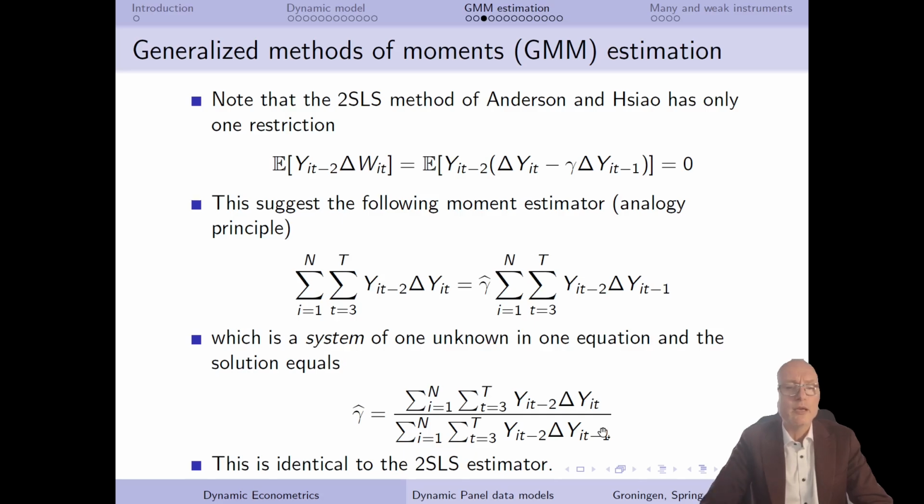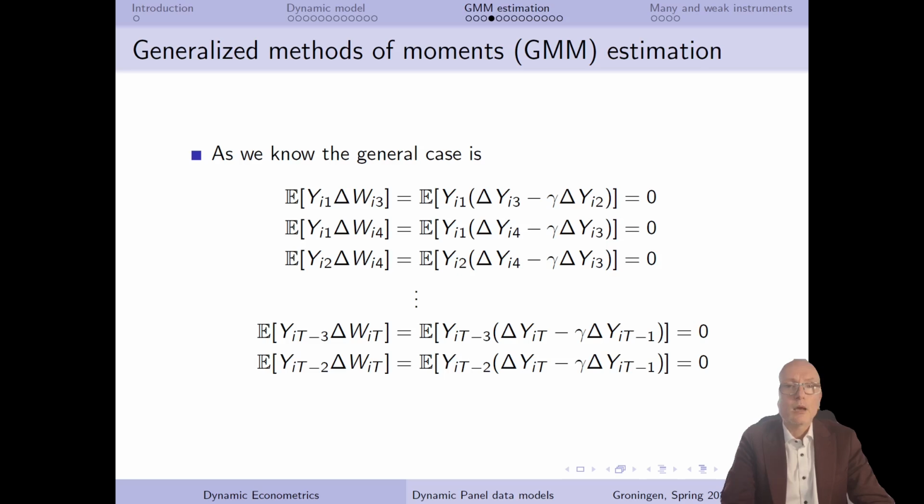And take into account that this is actually identical to the 2-stage least squares estimator that we had from Anderson and Hsiao. However, we can look at the general case, and then of course we get many more moment restrictions. First of all, at the moment that we're going to focus here on delta w_i3, we should realize that delta w_i3 only has one moment restriction, because we should always go back at least 2 lags backwards, and that means 3 minus 2, that is only equal to 1.